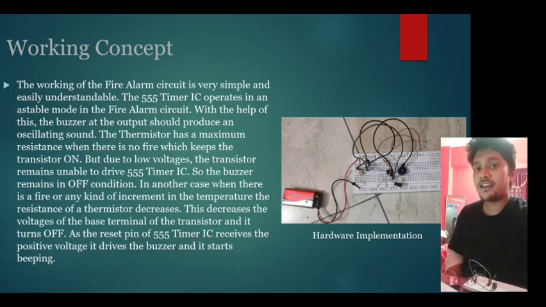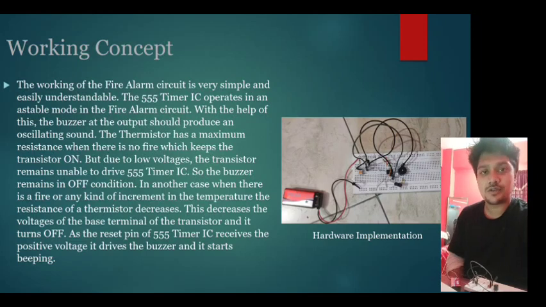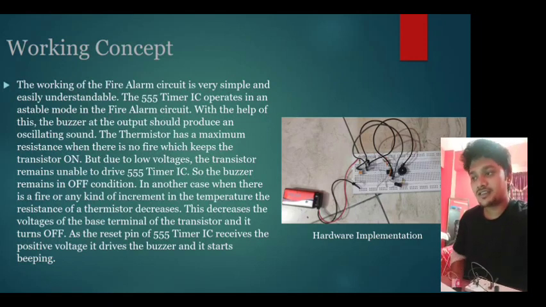If we don't provide any heat or fire to the thermistor, then the thermistor has maximum resistance, and due to this the transistor remains on, but due to low voltage it does not drive the 555 timer IC, so the buzzer remains off. But if we provide some fire to the thermistor, then the resistance of the thermistor decreases, and this decreases the voltage at the base terminal of the transistor, which turns it off.